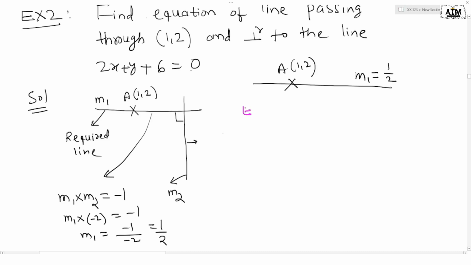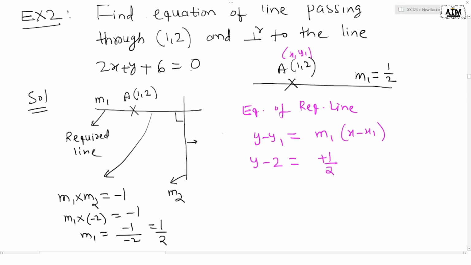So the equation of the required line can be obtained by using the one point slope form, y minus y1 equals m1 multiplied by x minus x1, where (x1, y1) is the point through which the line is passing. So y minus 2 equals 1 upon 2 times x minus 1.